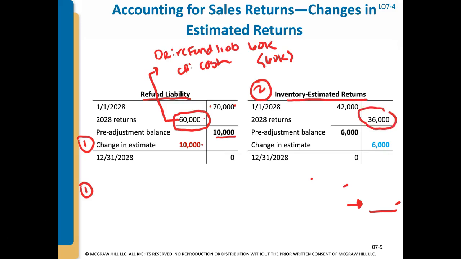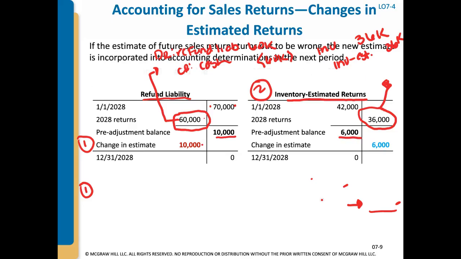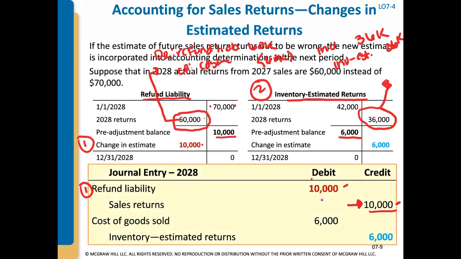So when we booked this actual $36,000 return, we said debit inventory $36K and credit inventory estimated returns $36K. And that leaves us with a balance in this inventory estimated returns account of $6,000 that we have to reverse, right? It should not be there.